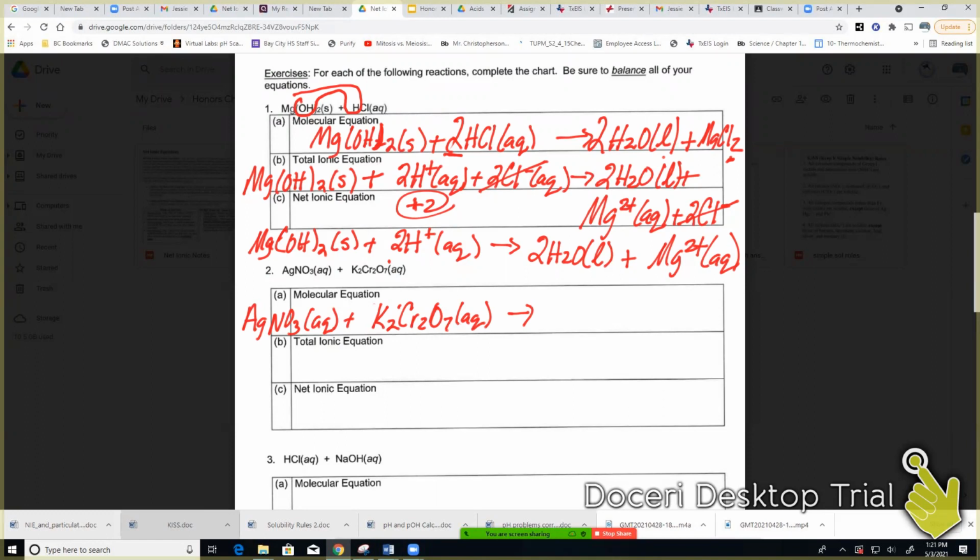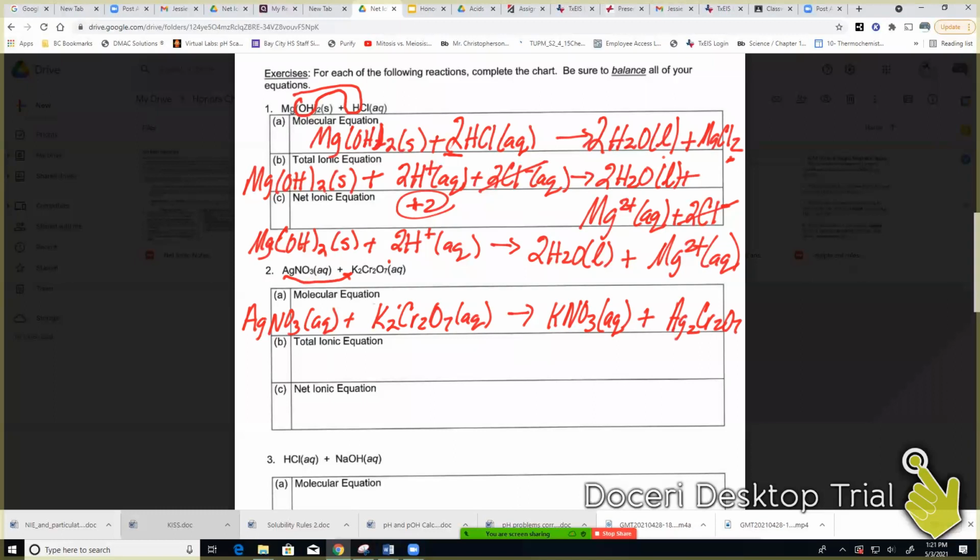So my silver and my potassium, my two cations, are going to switch places, and I'm going to end up with potassium nitrate. Potassium is a group 1 metal, so they're always AQ, and nitrates are always AQ too. So either way I look at it, I get an AQ here plus silver chromate.